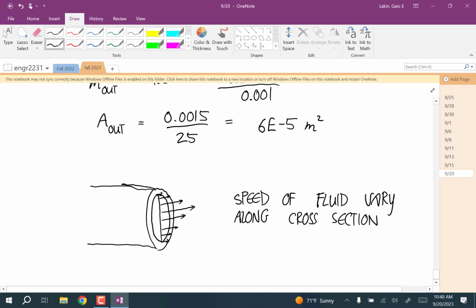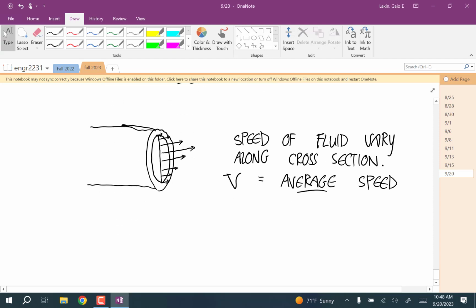And so remember that V is the average speed of the fluid. Okay, so in order to use that formula, you'd have to know something about the profile of speeds. But in the problems we're going to do, it's just going to be given to you as a speed, and you don't have to think about it any more than that. Yeah. Okay. Anybody have any questions?